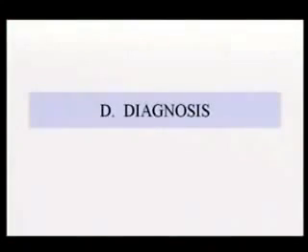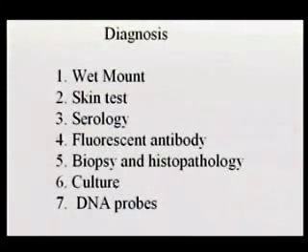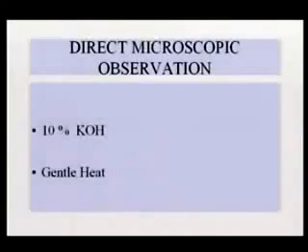Okay, how do we diagnose mycotic diseases? We have a variety. I'll go through each one of these. A wet mount is when we take a little sample. It could be pus from a lesion, the scraping of a skin, athlete's foot, or various lesions.